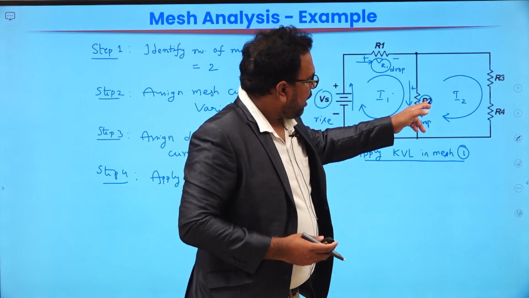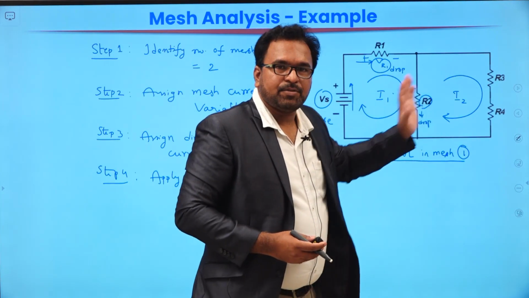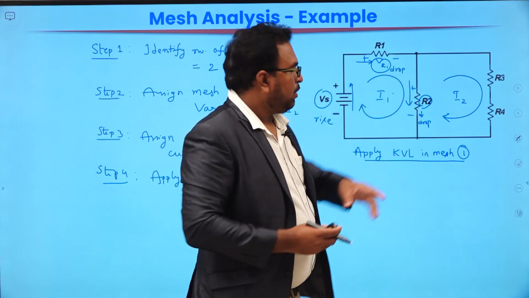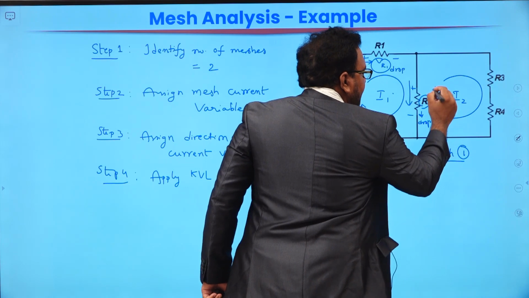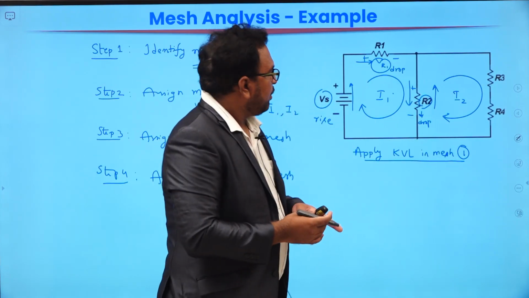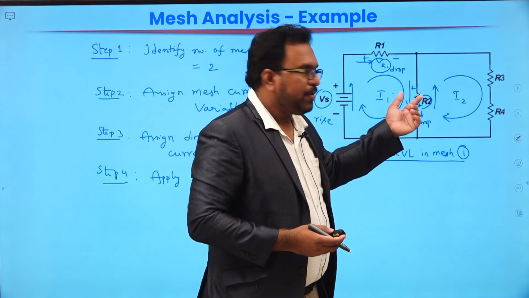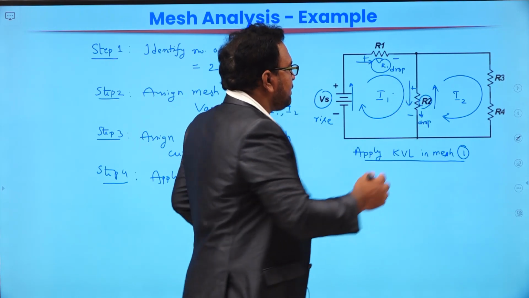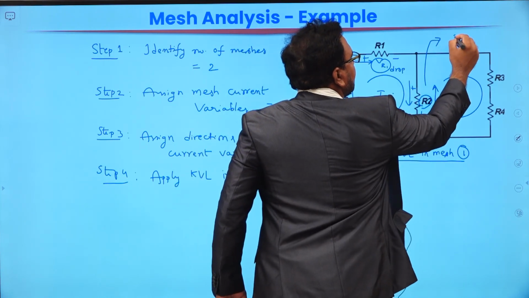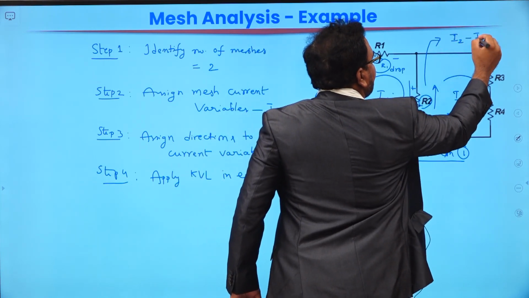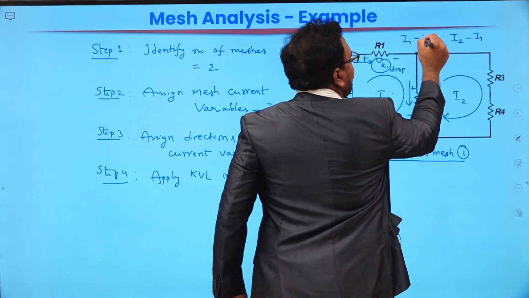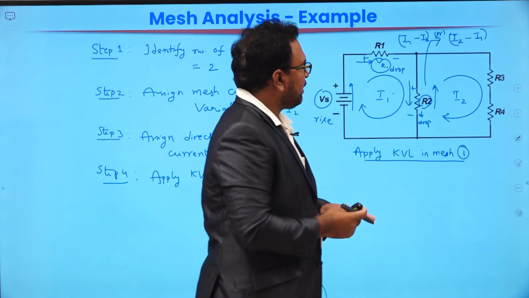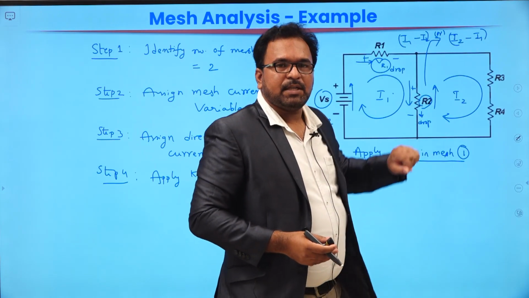But R2 is common to both mesh 1 and mesh 2. That means the I2 current is also going to flow through R2, in the upward direction. When there are two currents involved, how do you calculate the resultant current through that resistor? Is it I1 minus I2 or I2 minus I1?